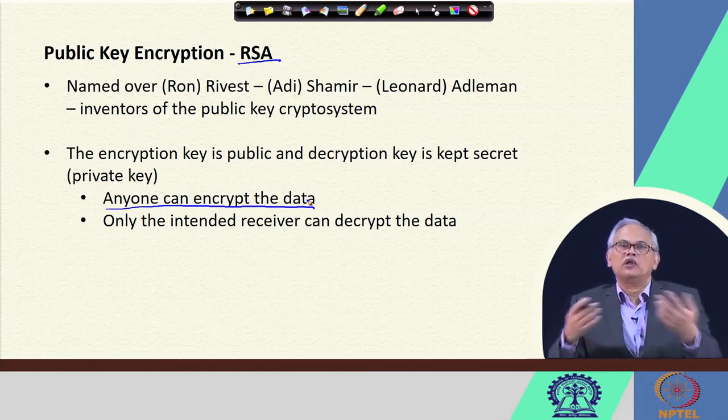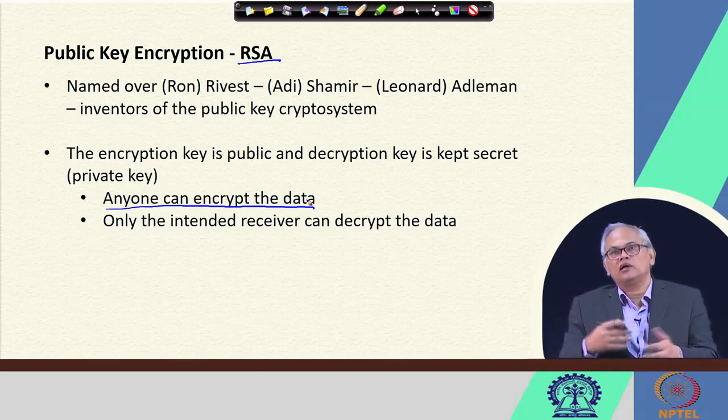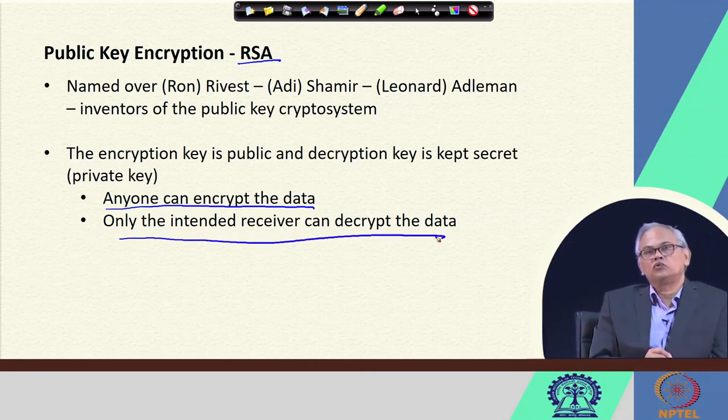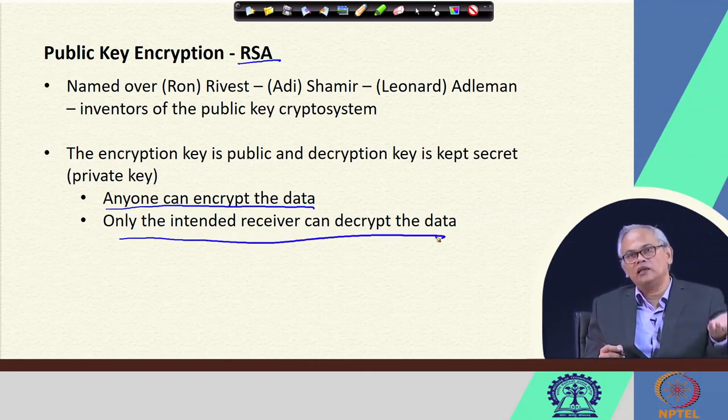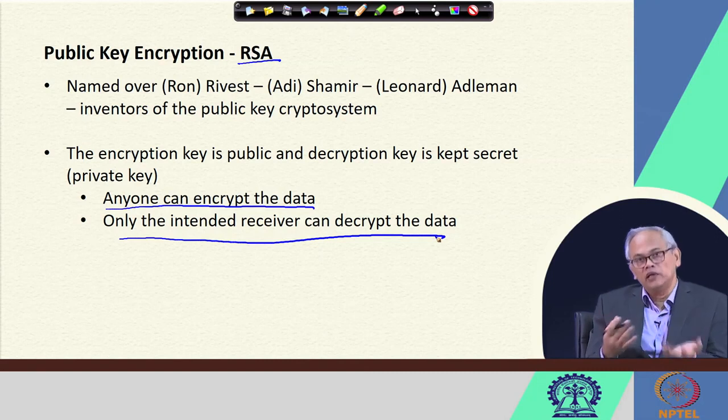Because this public key is for everybody, Alice, Tom or anyone can encrypt any data with Bob's public key and then send it to Bob, and Bob will always be able to get the data through decryption, whether it was sent by Alice or by Tom, because whoever is sending it will be encrypting the data using the public key of Bob.